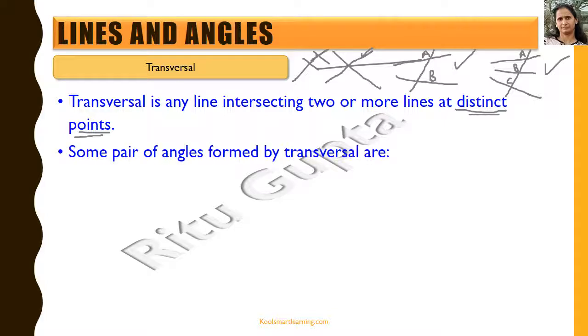Related to transversal, we'll be talking about some pairs of angles. So let's first draw two lines and a transversal, and we'll name each of the angles formed as 1, 2, 3, 4, 5, 6, 7 and 8.